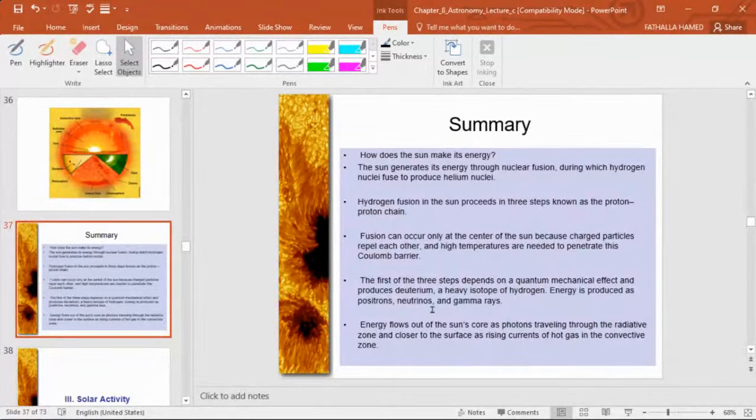That's what goes through the radiative zone, and then it will come to the convective zone. Energy flows out of the sun's core as photons. Remember, we talked about electromagnetic waves. So these are photons traveling through the radiative zone and closer to the surface as rising currents of hot gas in the convective zone. That's how the sun works.